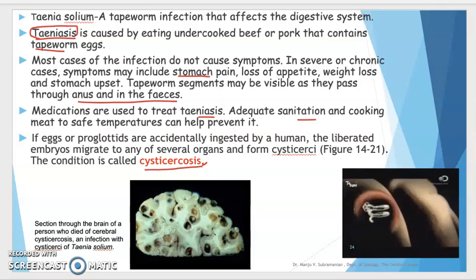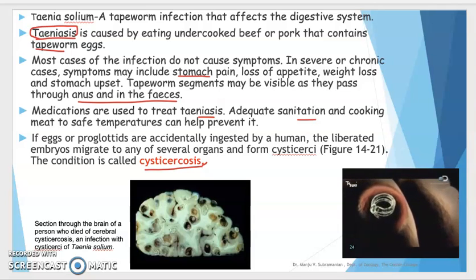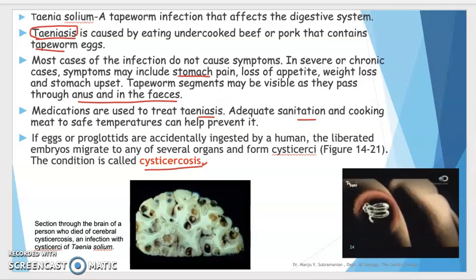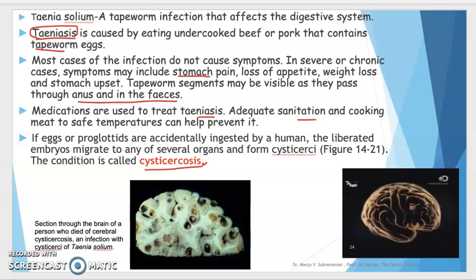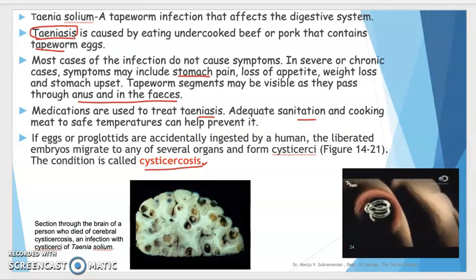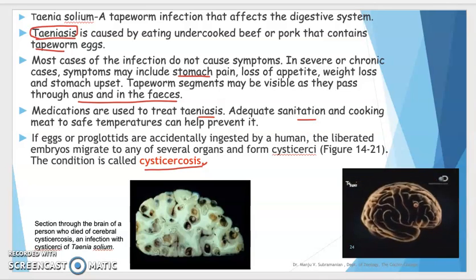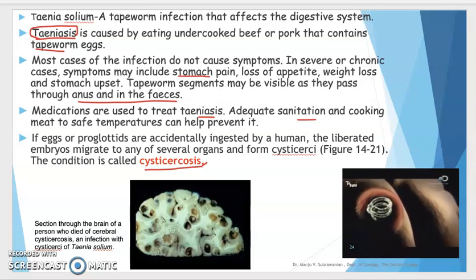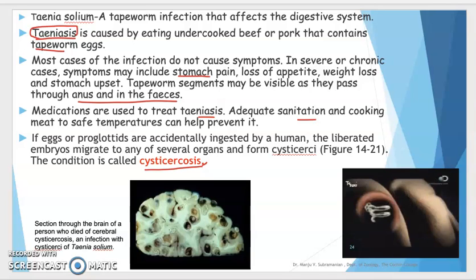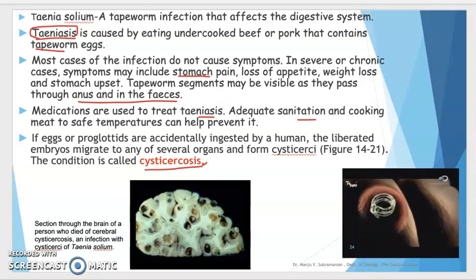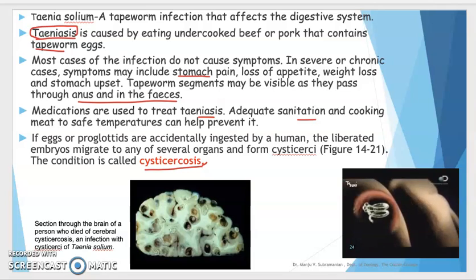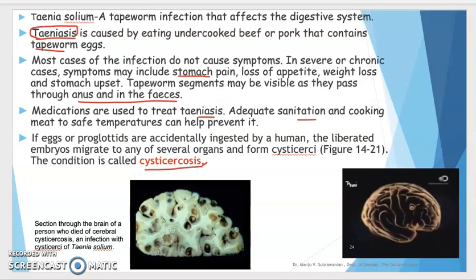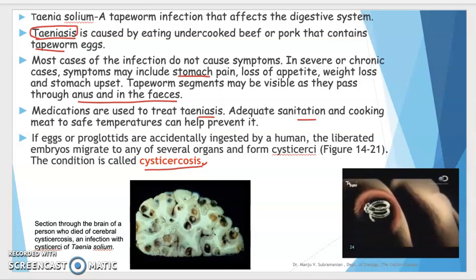So they have maximum reproductive capacity. Then absence of brain and receptor organs. Since they are endoparasites, they lack these types of specialized structures. Then they have a high power of anaerobic respiration, which is also another advantage. So these are a few parasitic adaptations.